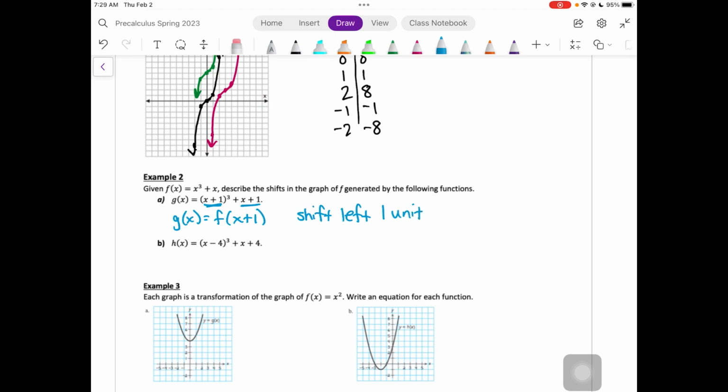All right, in B, we're plugging in x minus 4, but then over here, it's not an x minus 4. So that one is actually not a shift, but I think that might be a typo. So let's just go ahead and fix that.